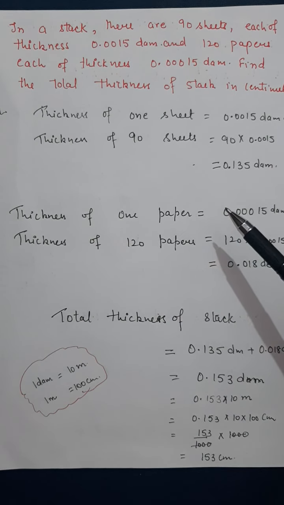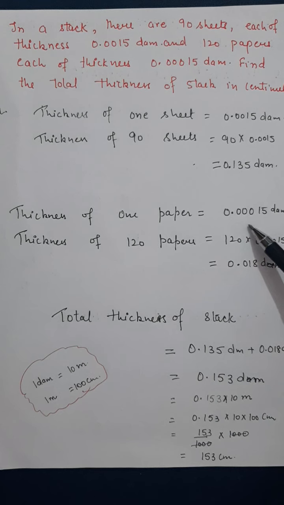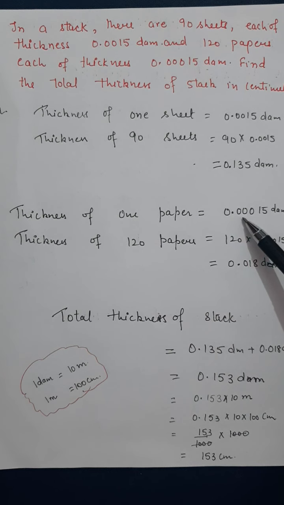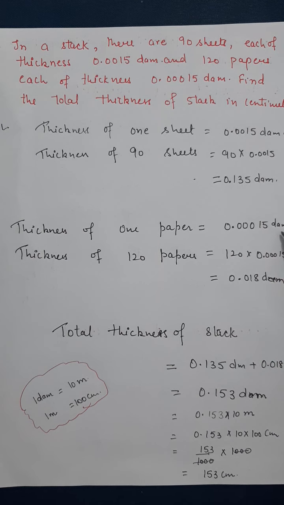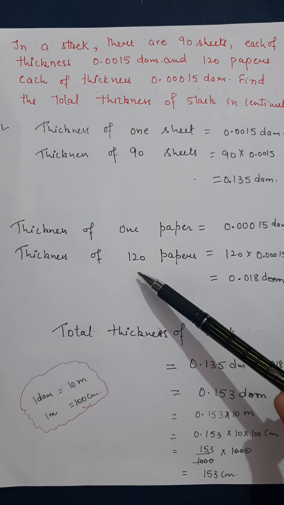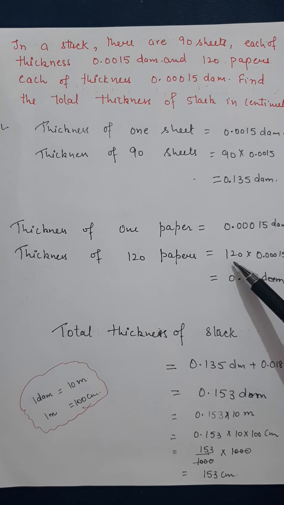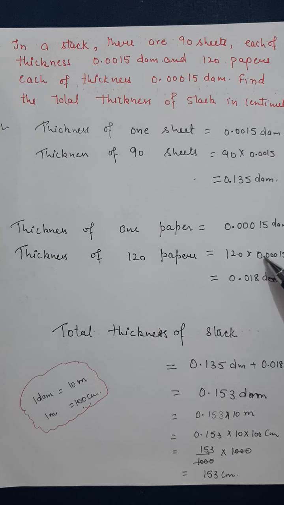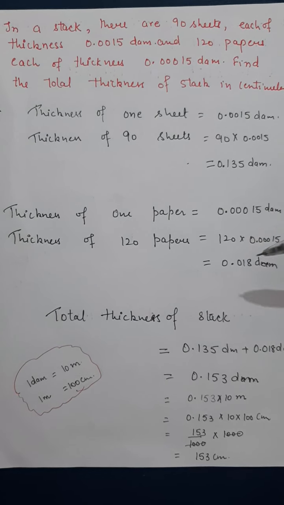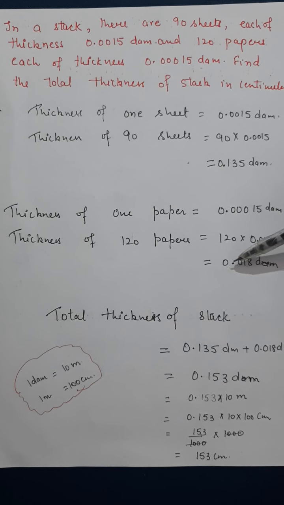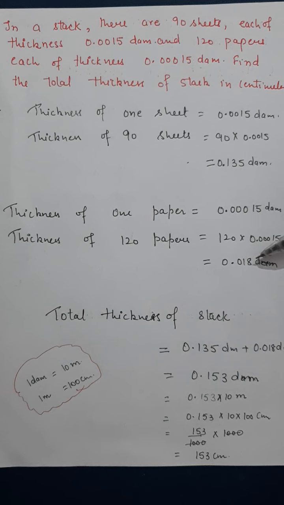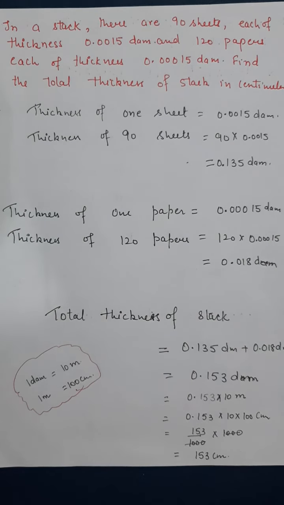Thickness of one paper is equal to 0.00015 DAM. Thickness of 120 papers will be 120 into 0.00015. The product will be equal to 0.018 decameters.